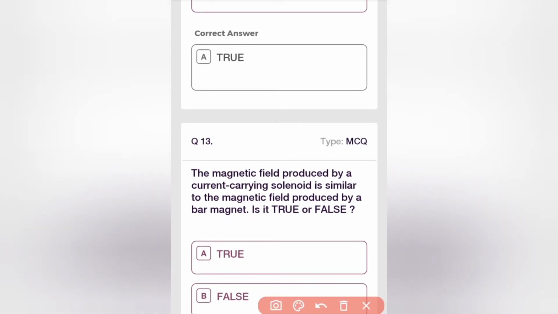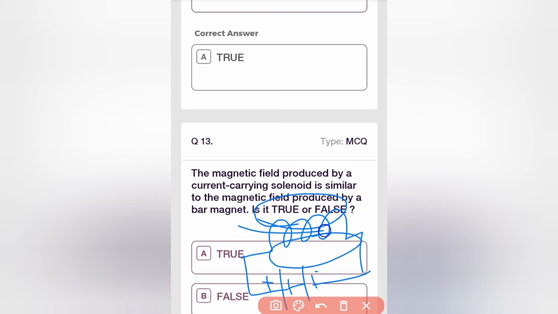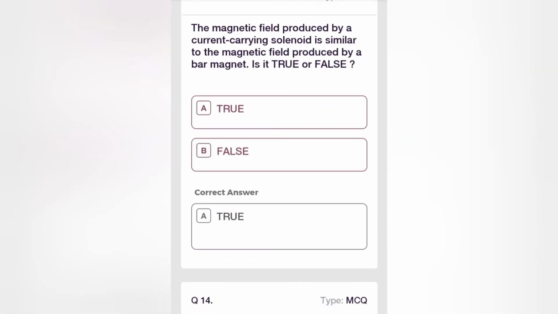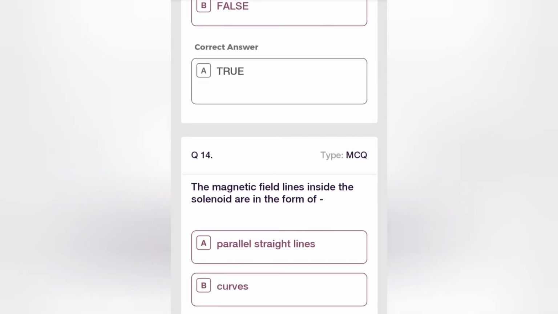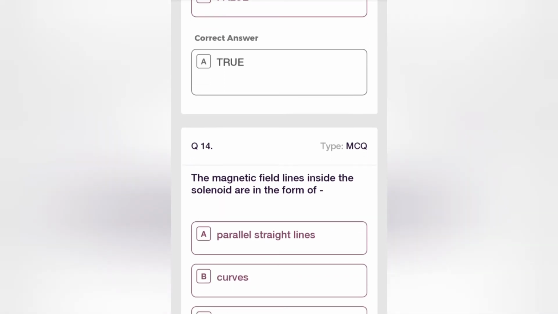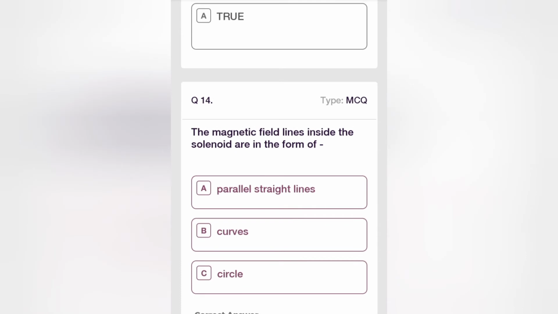So when we draw the magnetic field around a solenoid, we observe that the magnetic field will resemble that of a bar magnet. Okay, that's true. The magnetic field lines inside the solenoid are in the form of. So inside the solenoid just now we saw that they are parallel straight lines. Option E is the correct answer.